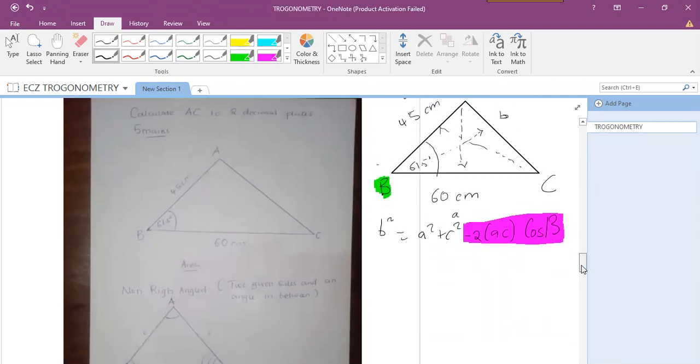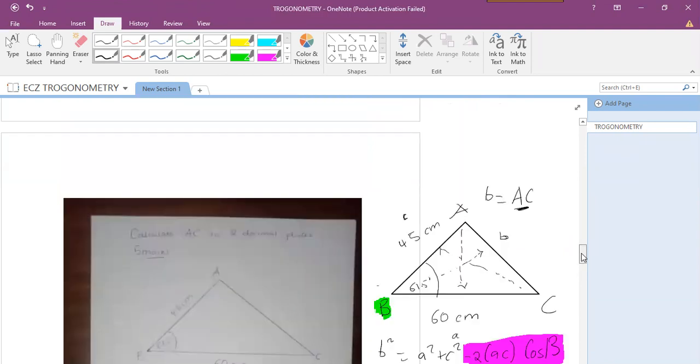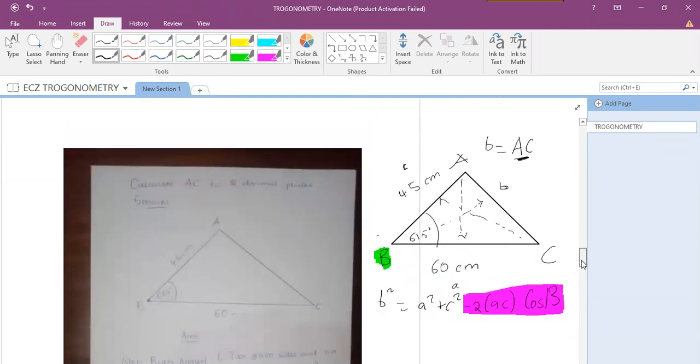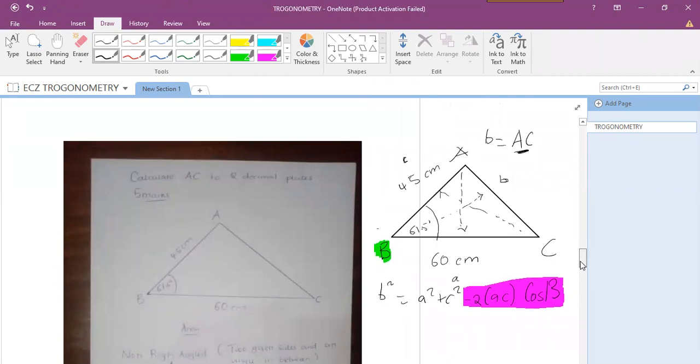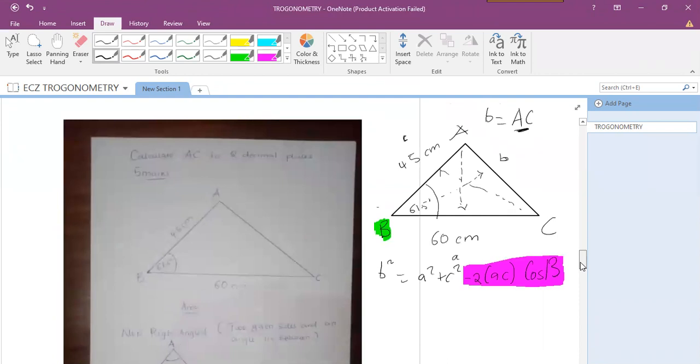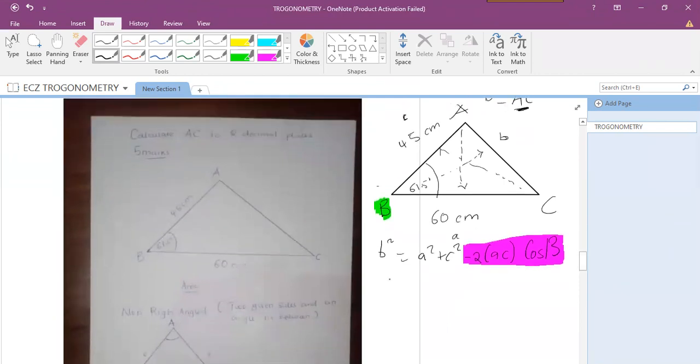B squared is the side that they want us to find. B squared is AC, so B is AC. Where there is B, we plug in AC, but there's a square there. So AC squared is equal to, what is A? A is 60.